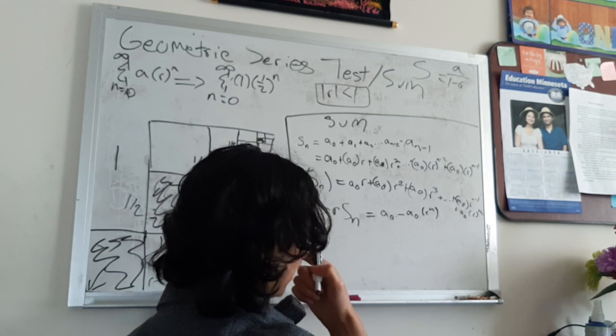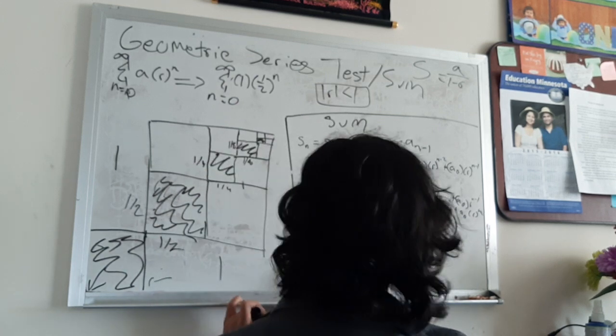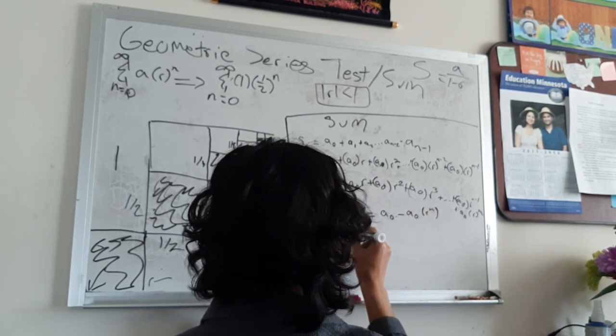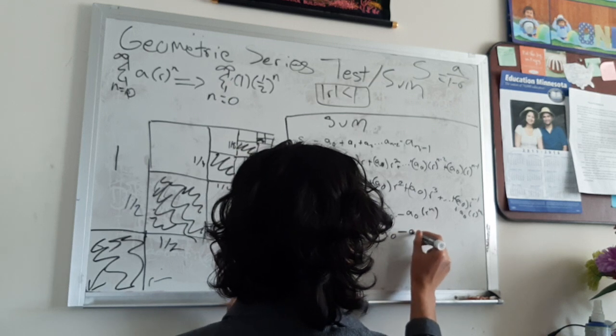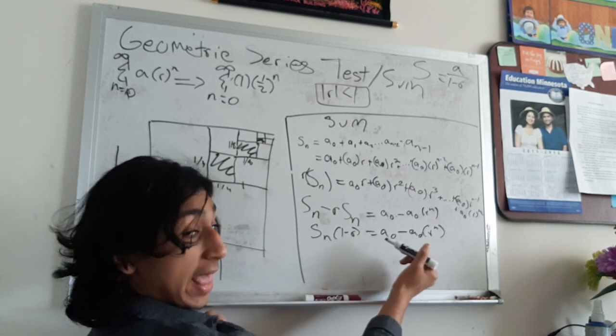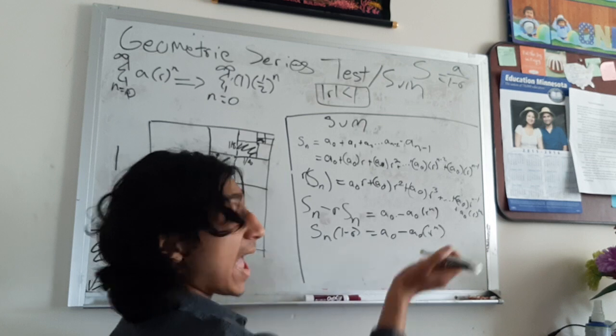So now, if we just do a little bit of factoring, you can easily see that S of n times 1 minus r equals a naught minus a naught r to the n. This is for any sum of length n.